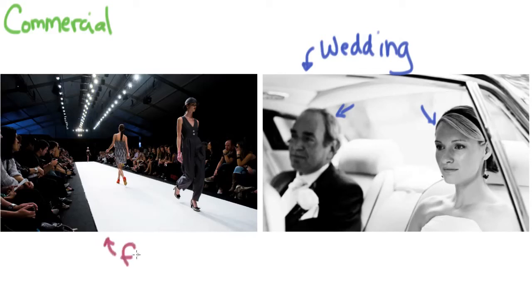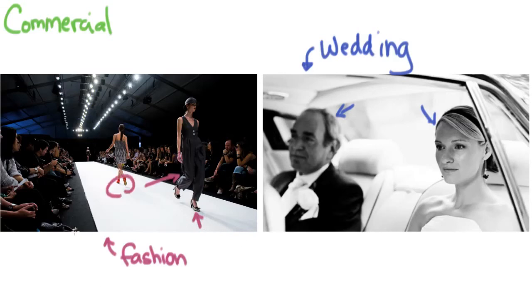Fashion is also a very big piece of commercial photography these days. It's everywhere. It's probably, in the Western world, one of the types of photography that we see the most. Fashion photography can be journalistic if you're being sent by a paper or a magazine to document an event, but very often you're being paid by maybe the maker of this pair of pants or these fancy red shoes.